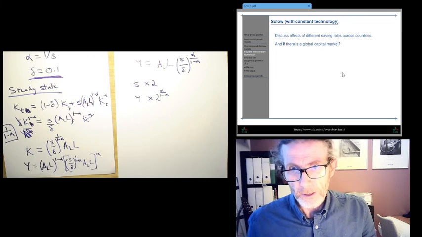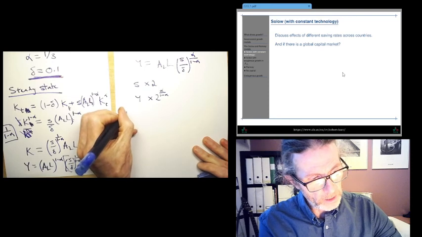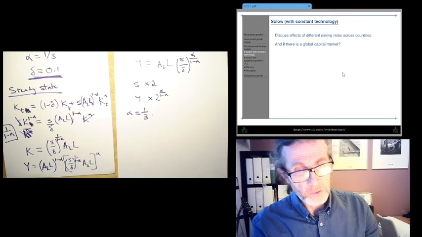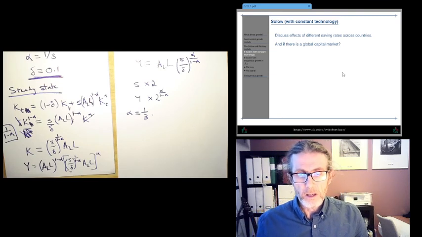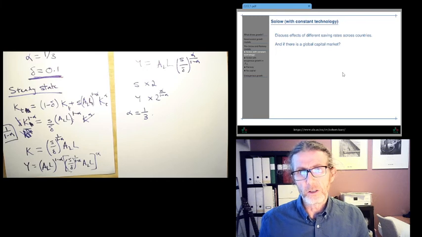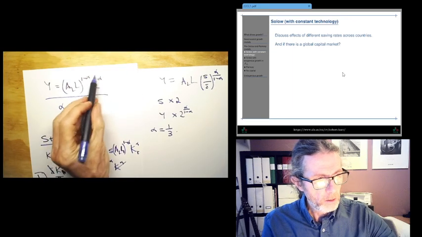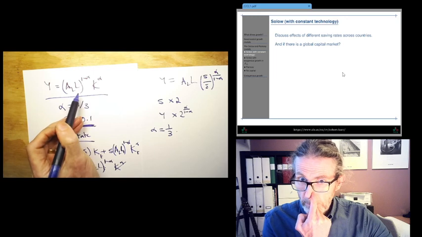And alpha, we know, is around about 1/3. Because, as we'll talk about later, given the Cobb-Douglas function, alpha just tells us the factor share of capital, and 1 minus alpha is the factor share of labor.